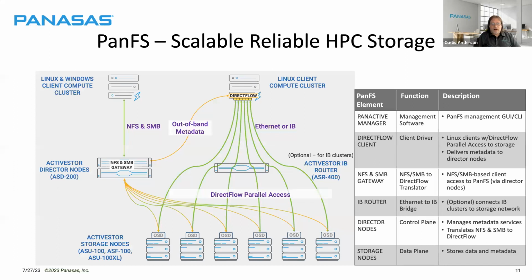So I'm going to use PanFS as a concrete example to show the logic behind this. I don't intend this particularly as, well, actually I do, as sort of an endorsement of PanFS, but the logic behind it still holds true even if you weren't talking about PanFS.